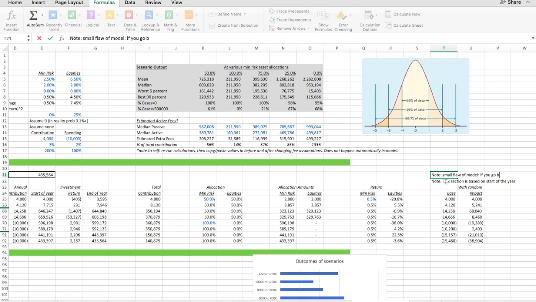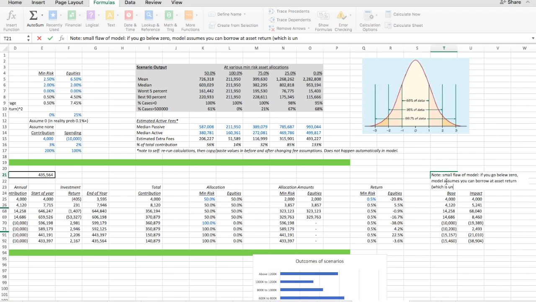If you go below zero, the model assumes you can borrow at equity asset returns, which you probably couldn't.